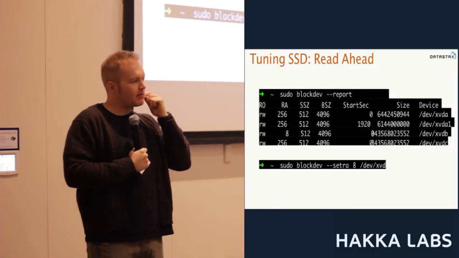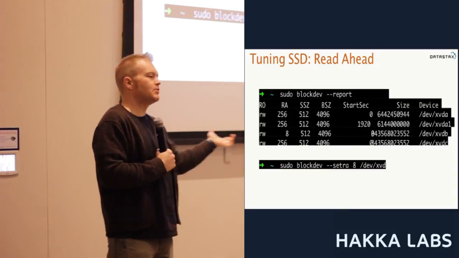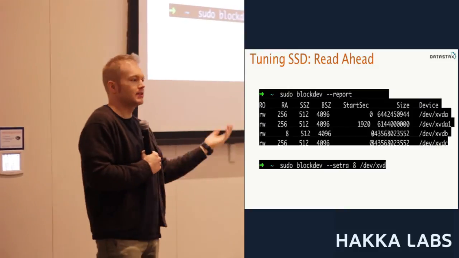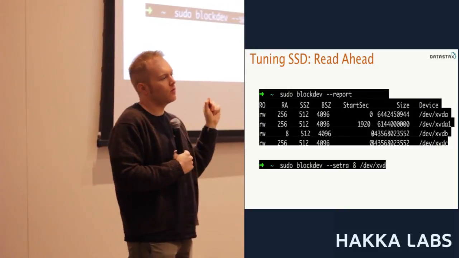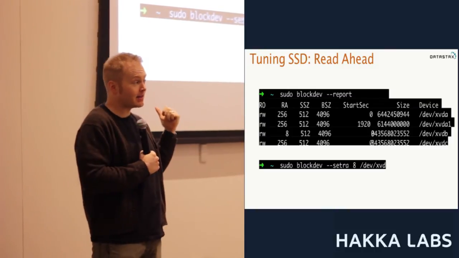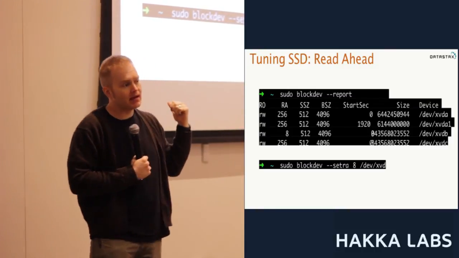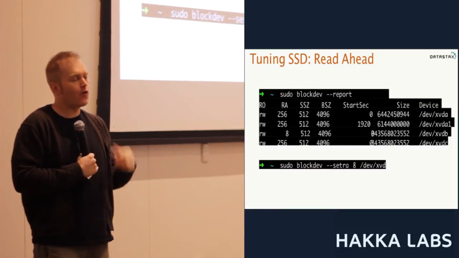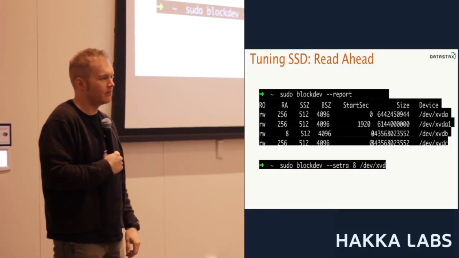Now, if you think about a mechanical disk, when I'm doing a seek, I'm actually moving something physical. So it takes 8 milliseconds, which is an eternity. So it tries to minimize those seeks. It'll read ahead 4 megs, 8 megs, in some cases 16 megs of data for every 4K that you request.